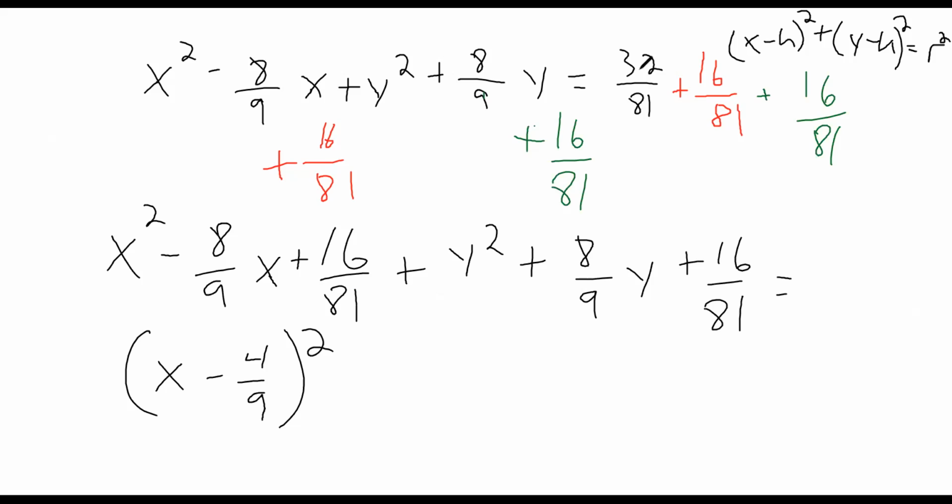And now on the right-hand side, I have 32 over 81 plus 16 over 81 plus 16 over 81. We have the immediate good fortune that these all have the same denominator. So if I combine them into a single fraction, 32 plus 16 is going to be 48, plus 16 again is going to be 64.